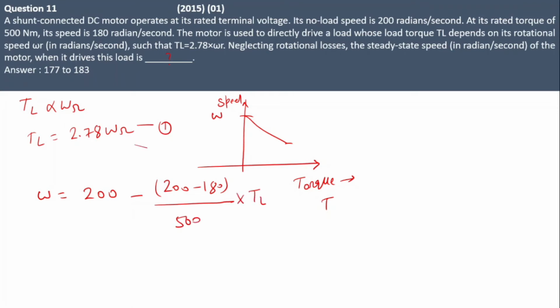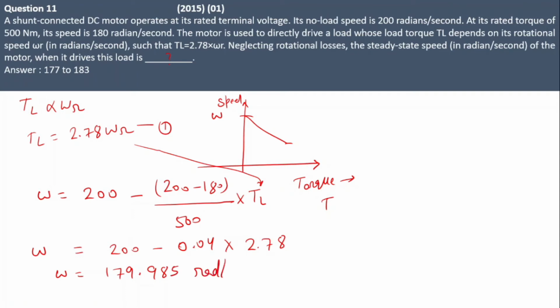So put this value TL here, both are same. You will get the value of omega under steady state condition. So omega, you will get 200 minus 0.04 into 2.78, and finally you will get omega equal to 179.985 radian per second. Okay.